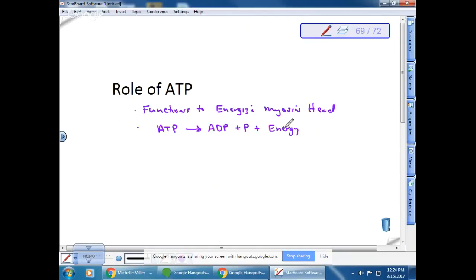At this point, when the ATP has been broken down, the head actually stores the energy, and then it uses the energy from this chemical conversion to pivot, okay? So this energy is stored in the myosin head and allows it to pivot.